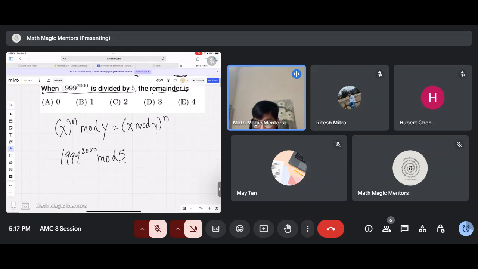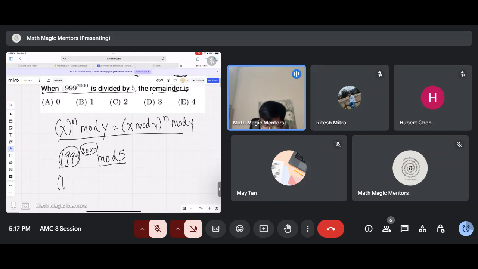1999 to the 2000 mod 5, we have to find that. I should add this. Okay. So what I should do is I should use this property, right? So I have this big number to the big number mod 5.